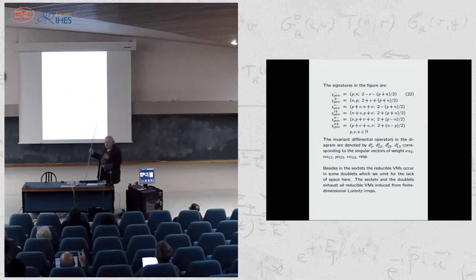Now, you see, certainly many of those representations obey also the Lambert equation, etc. What I was saying is that these sextets and the doublets exhaust all reducible representations. I didn't say that all invariant operators are exhausted. They are there. And actually, there will be an example about this later in the lecture, explicit example.